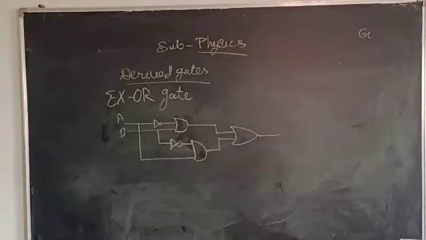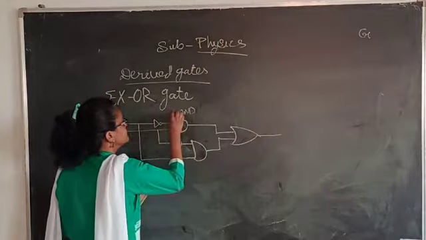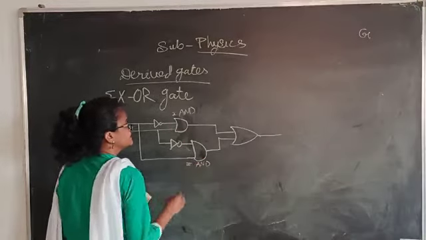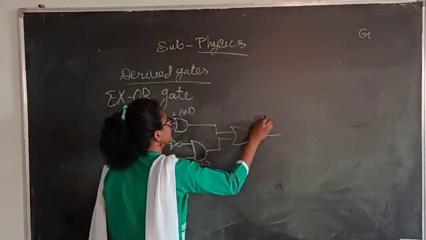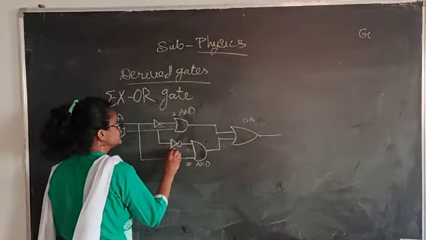This is all about your XOR gate. This is the first AND, this is the second AND gate, and this is the OR gate. This is the first NOT and this is the second NOT.